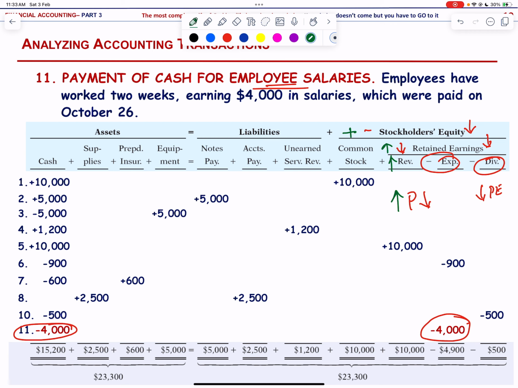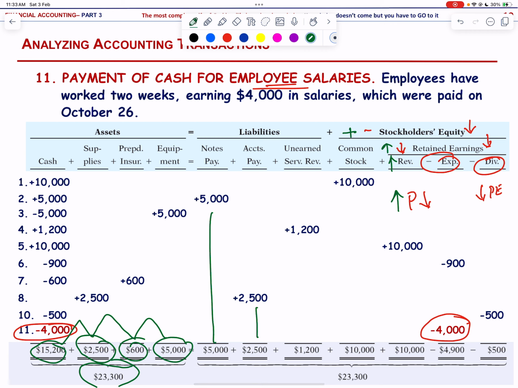Now you can see that once we have recorded all these transactions and we have made the total, this is the total for cash, supplies, prepaid expense and equipment, and if you sum up these four, the total will be 23,300. Our liabilities total is 5,000, 2,512, and these are for the common stock, revenue, expenses, and the dividend.